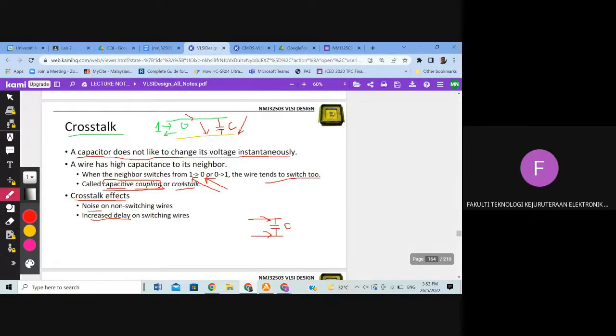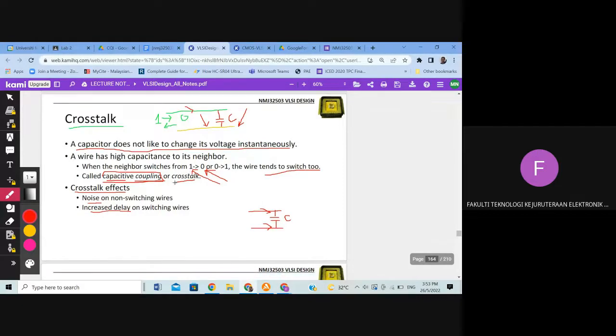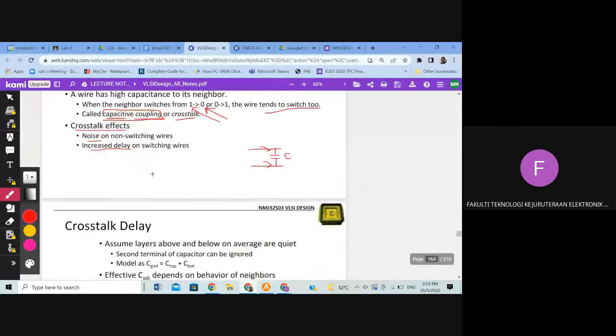Crosstalk is unwanted in our design, but we cannot eliminate it 100%. We can only reduce the crosstalk. The effects of crosstalk you can see here are increased delay, and also noise to the system or the chip.